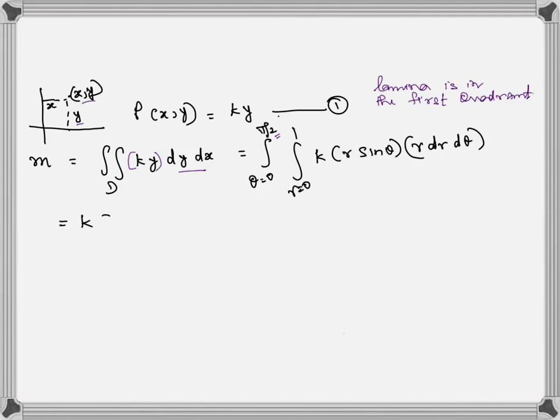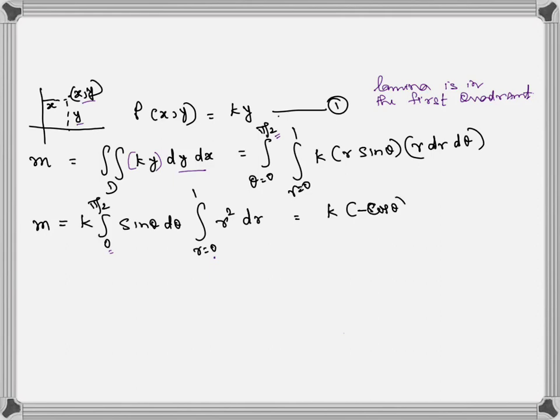So now we'll evaluate this. k is a constant which can be taken out. It is the integral from 0 through pi by 2 of sine theta d theta times the integral of r from 0 to 1 of r squared dr. Note that it is a separable function because theta and r have definite limits, and one variable does not depend on the other. So it's a polar rectangle.